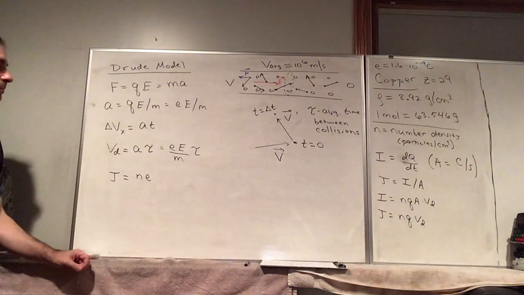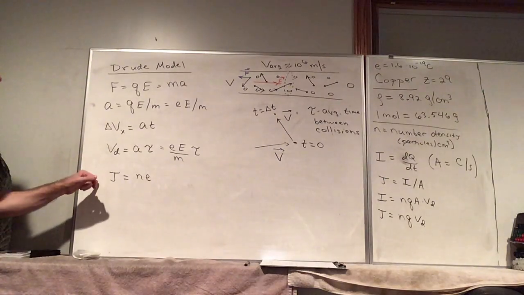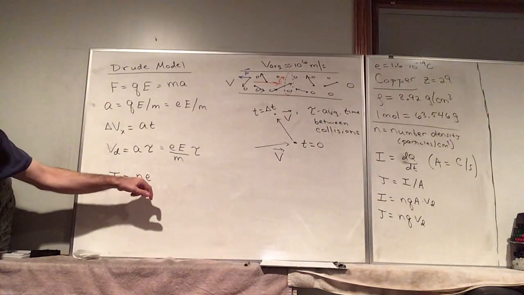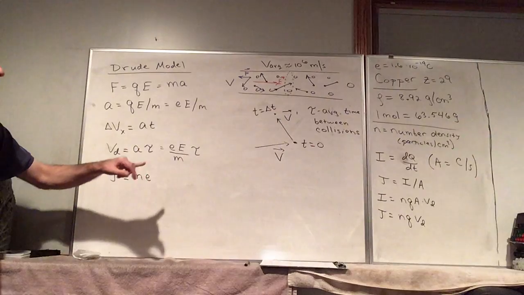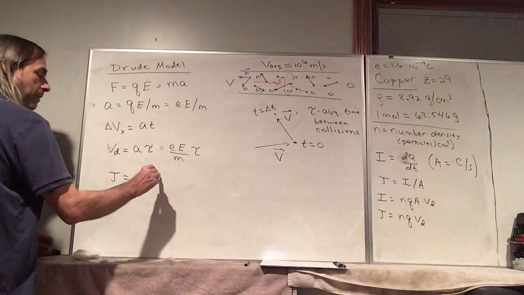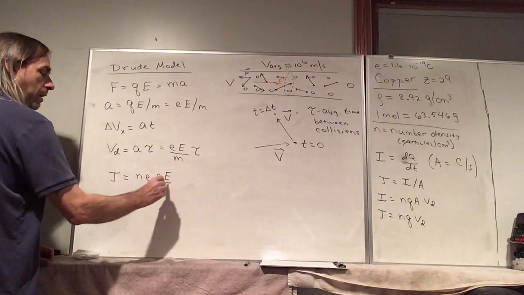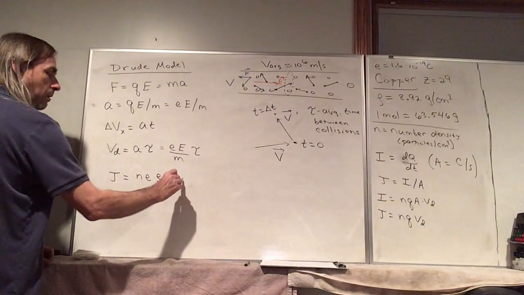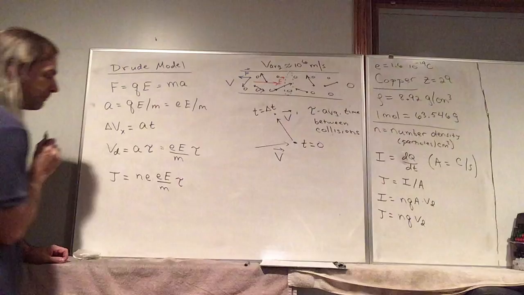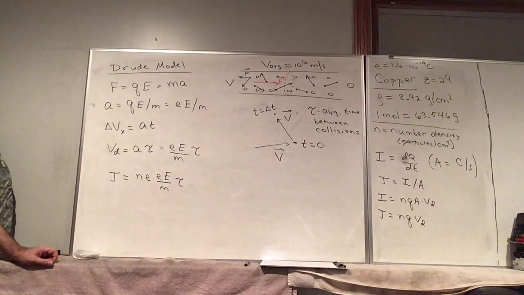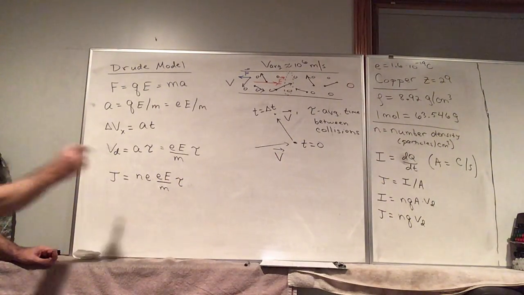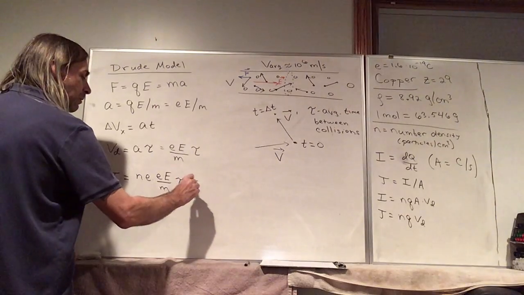But in this case, we're looking at electrons. So we have N e times the drift velocity, which is the little e big E over m times tau. And I'm going to write this way.